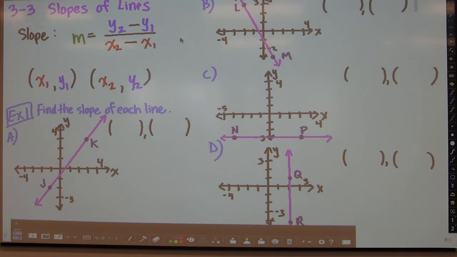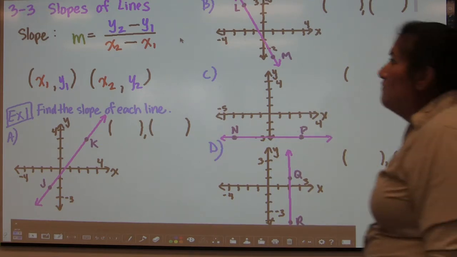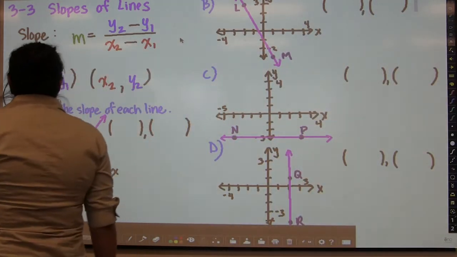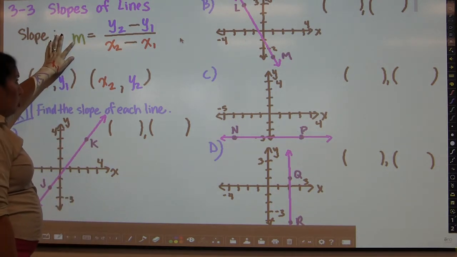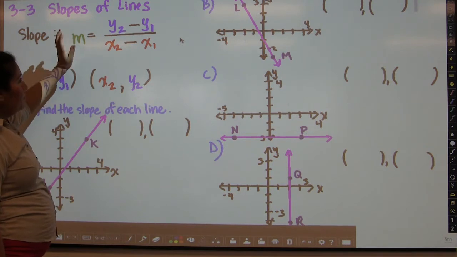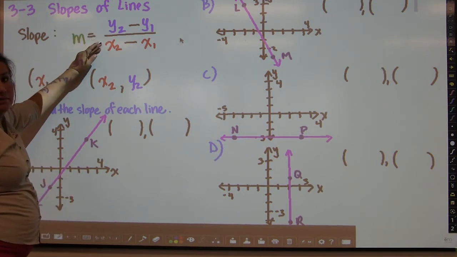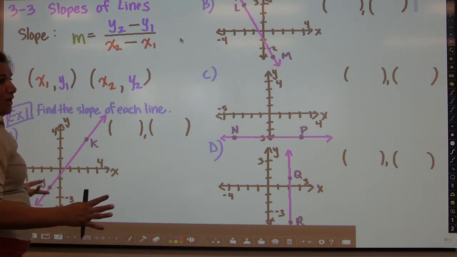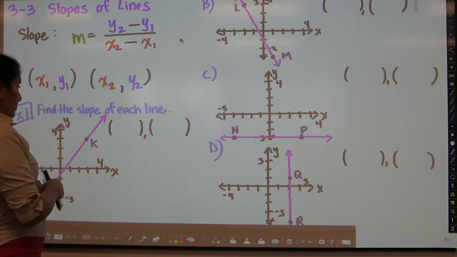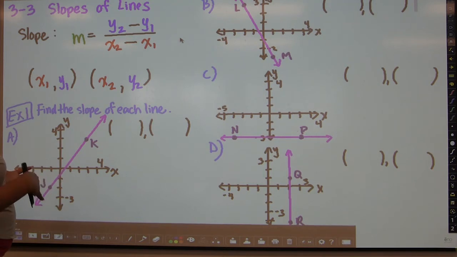So, slopes. We have a slope formula, you probably remember it. It's right over here, and we use the letter M to denote slope. So change in y over change in x, other things that you probably remember, rise over run, rate of change, all of those things are synonymous with slope.